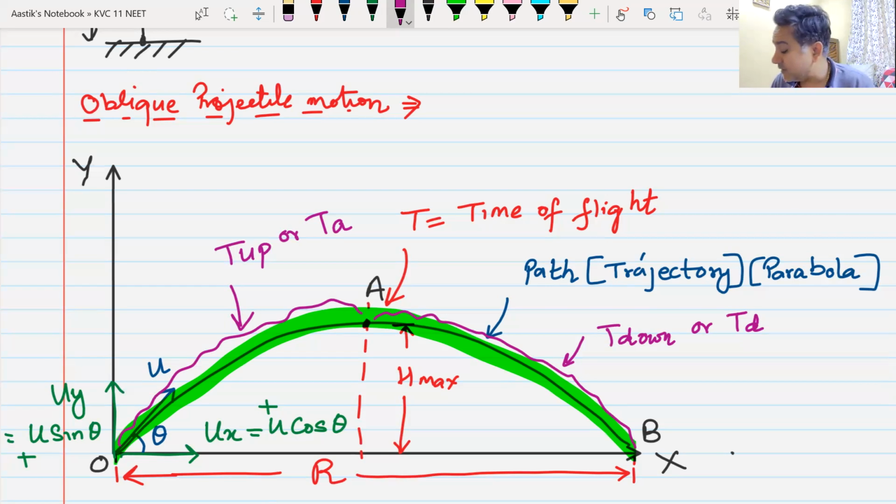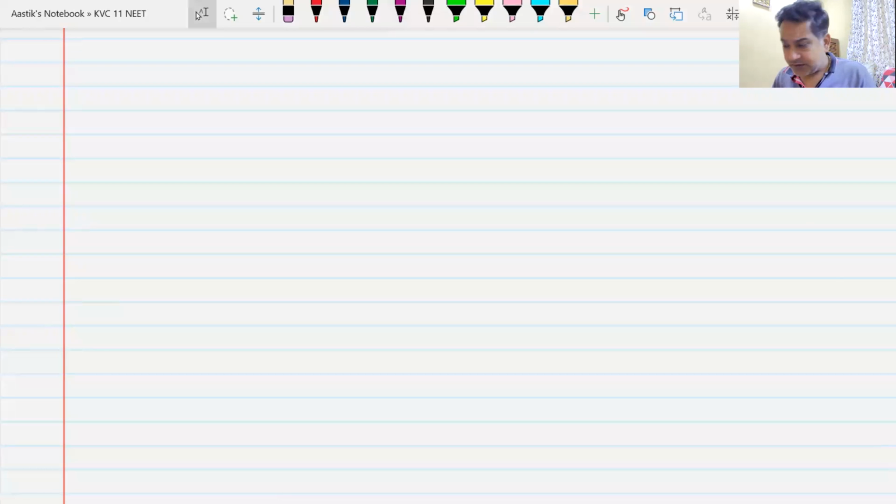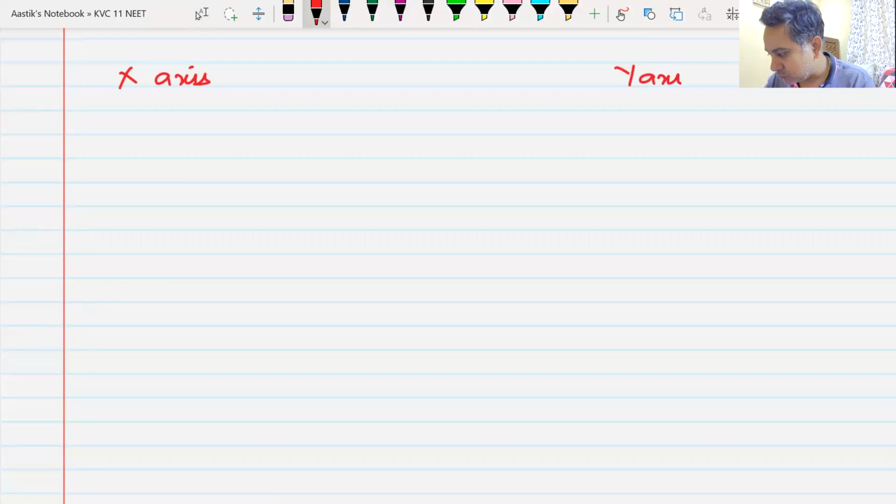So these are some of the important points that we are going to write. Let us start with some important points. You have drawn this diagram, everyone? Let us write some important points referring to the diagram. The first important point: let us write the equations along the x and y axes so that if we ever require them, we have those equations.